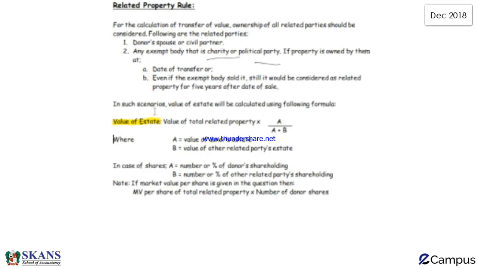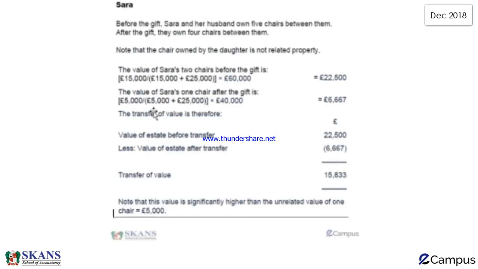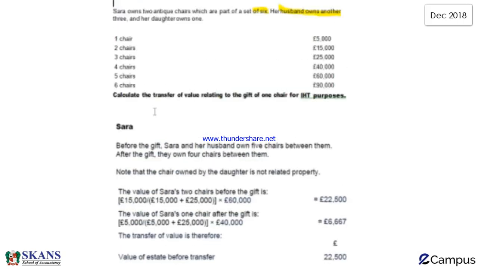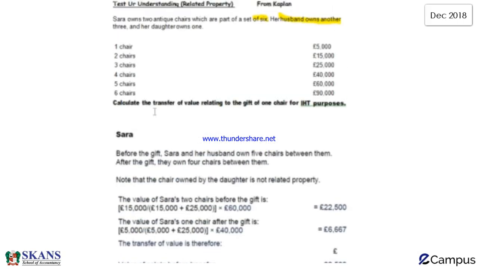So in this scenario, as we know, there are in fact 6 units. Two of them are owned by our client, and her husband owns another three. That says there's a total related property of 5 units. Well, our client owns two, so we still have to find the value of estate for 2 units.